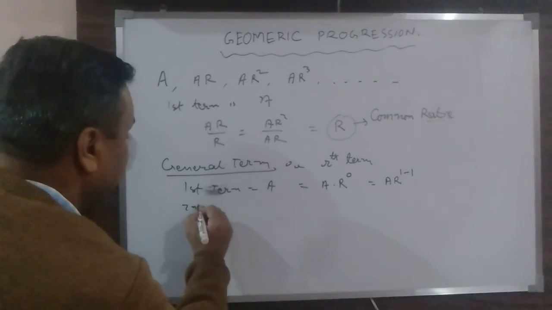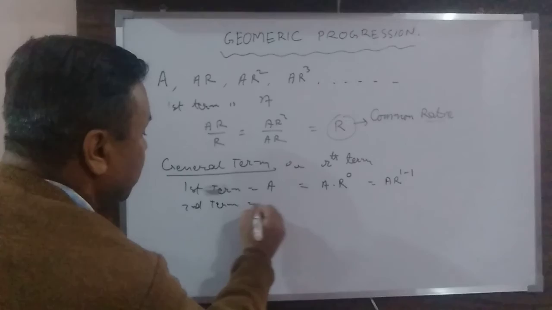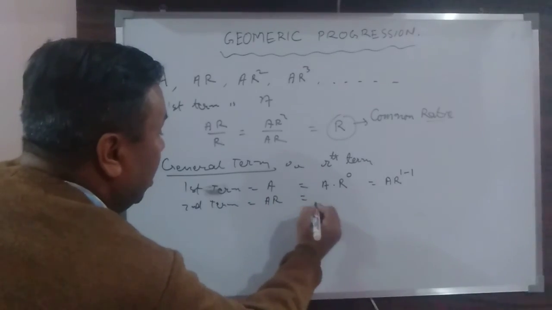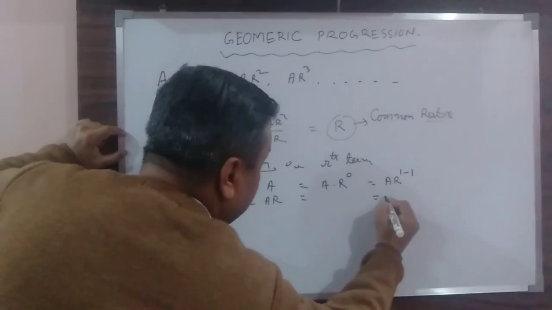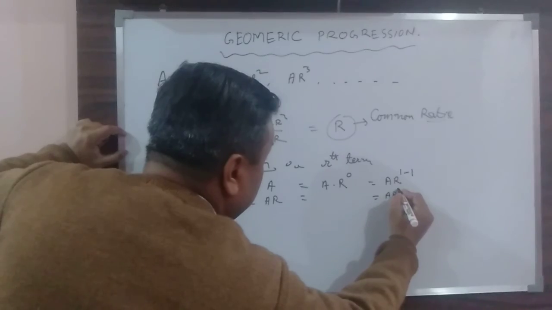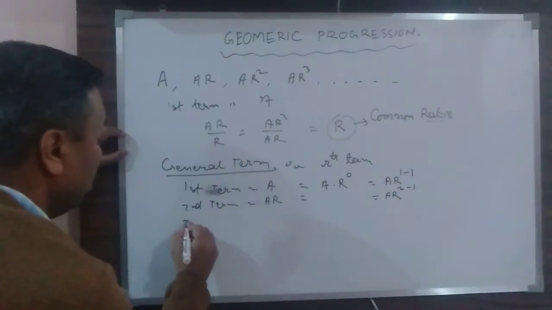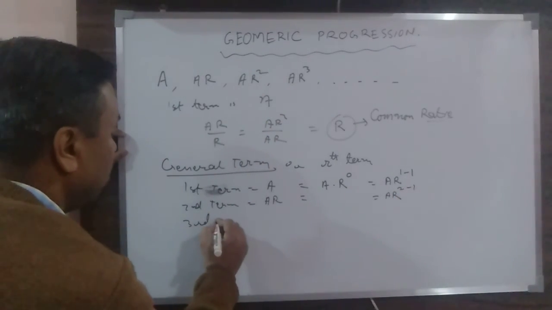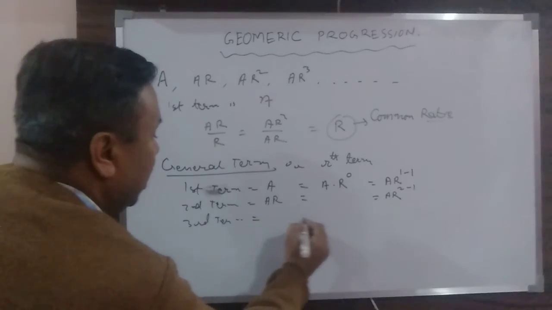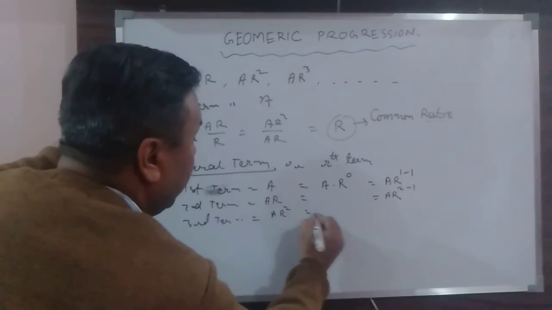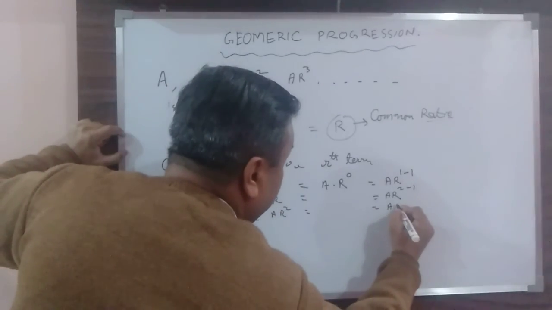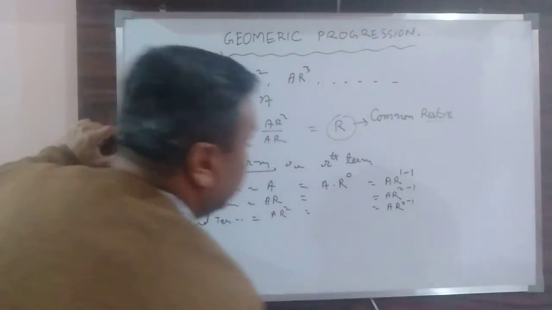Similarly, the second term was ar, and this I can write as a r raised to the power 2 minus 1. The third term is equal to ar square, so I can write it as a r raised to the power 3 minus 1.